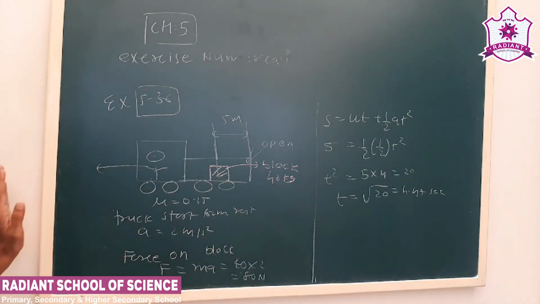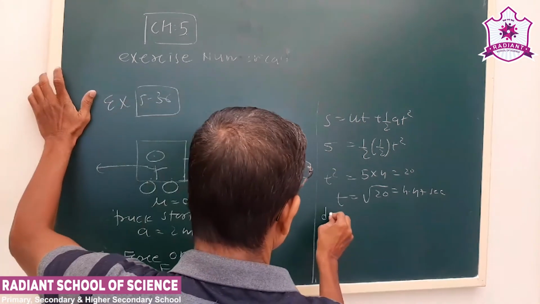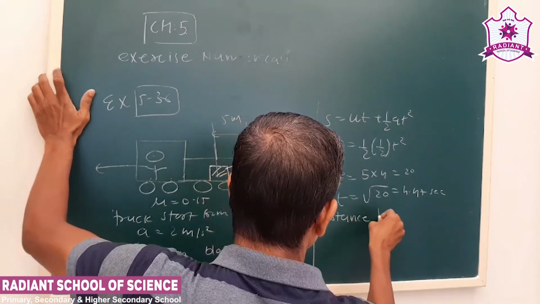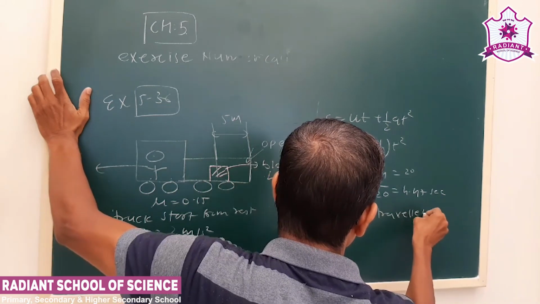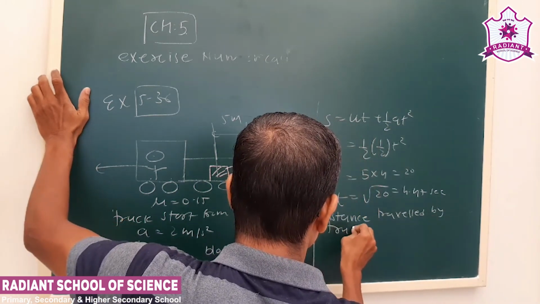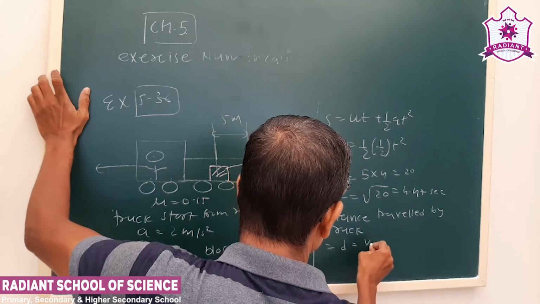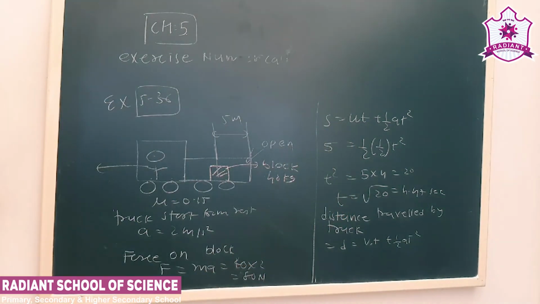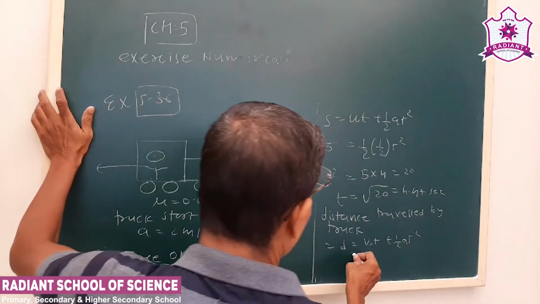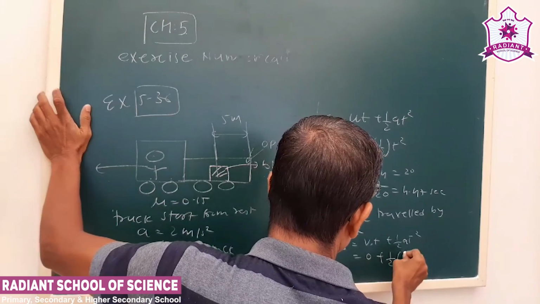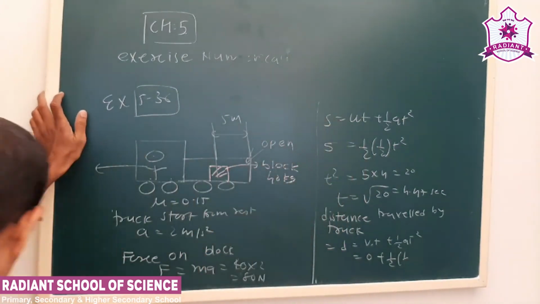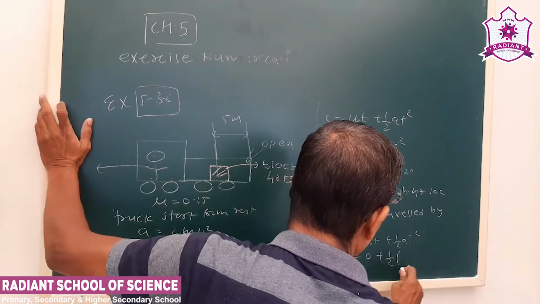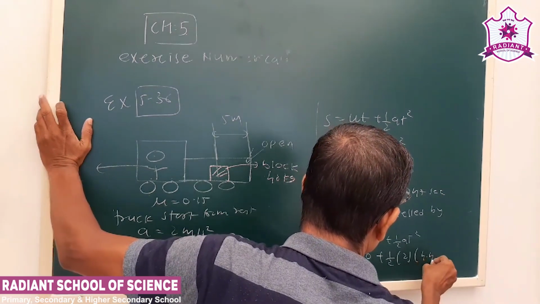Now we have to calculate how much distance the truck will travel during this time. The distance traveled by the truck is D is equal to v0 t plus half a t square. Again, the truck also starts from zero velocity, because it starts from rest. The acceleration of the truck is given as 2 meter per second square, and the time is 4.47.